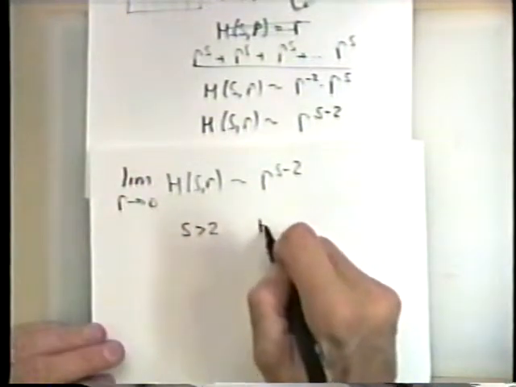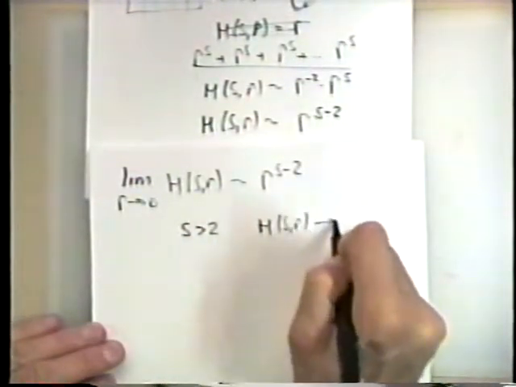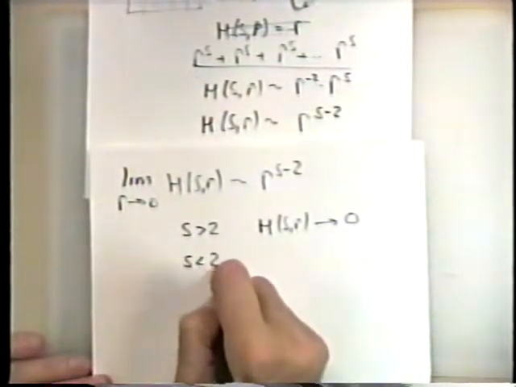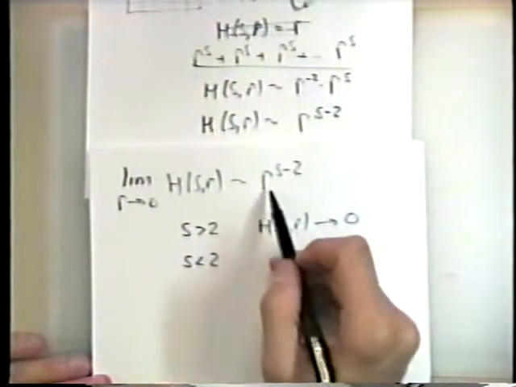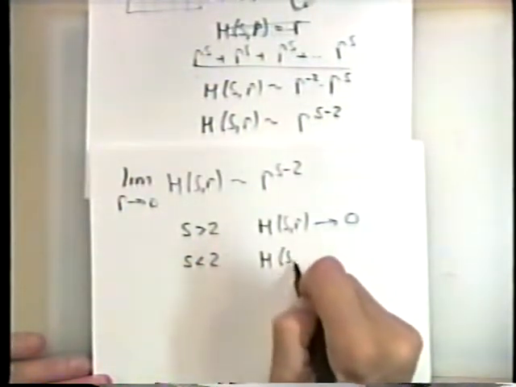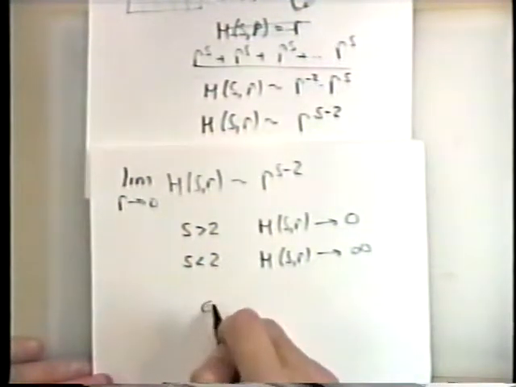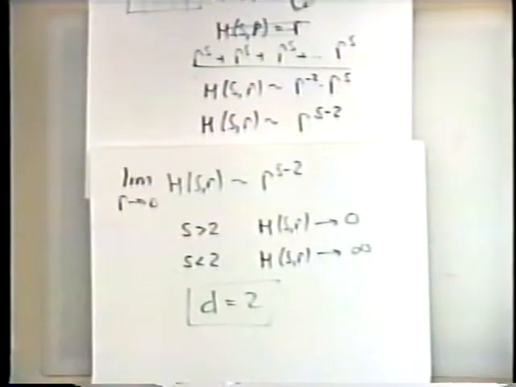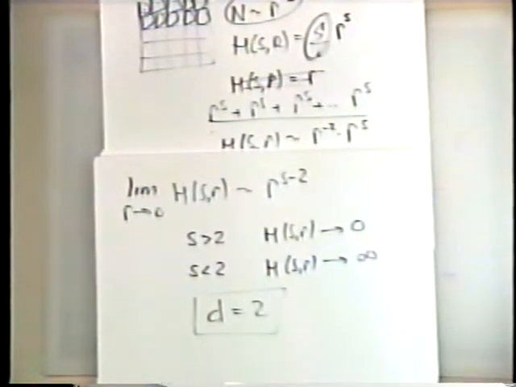As r goes to 0, h of s of r will go to 0. If s is less than 2, this is going to be like 1 over 0, and so h of s of r will go to infinity. So the turnover here is 2. The Hausdorff-Besicovitch dimension of this plane, which is sitting here, is 2. So this area has a Hausdorff-Besicovitch dimension of 2.